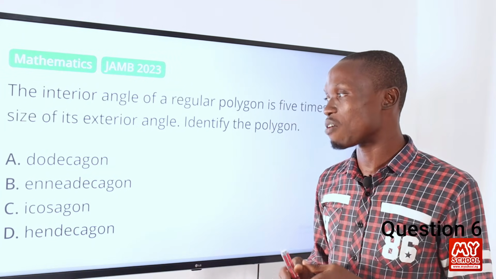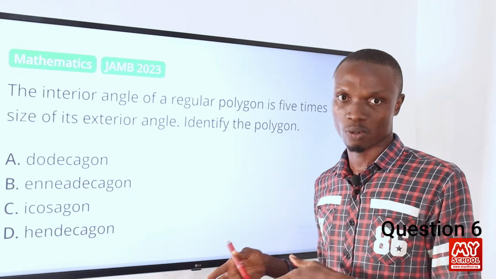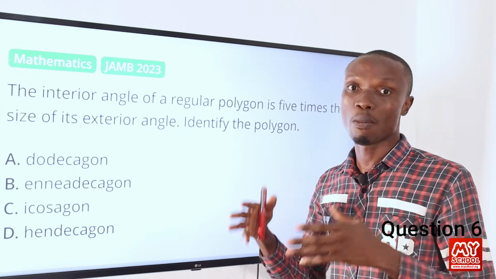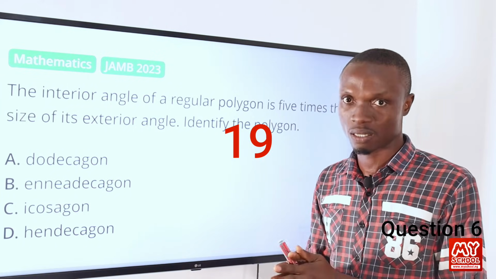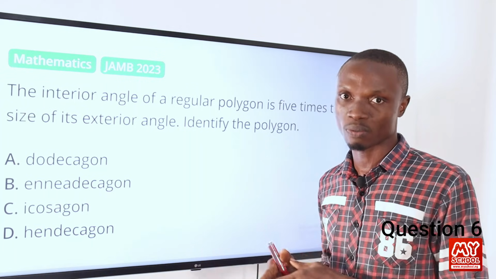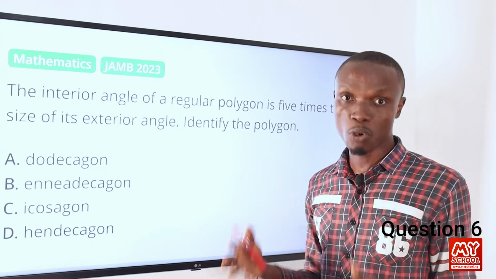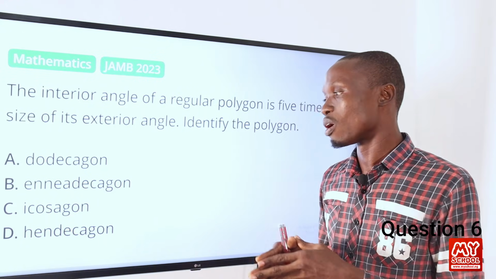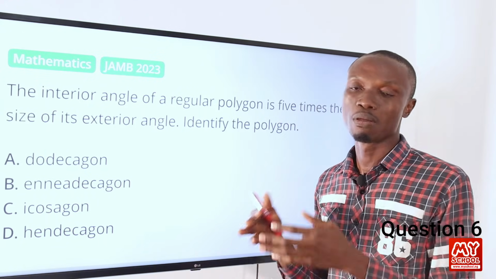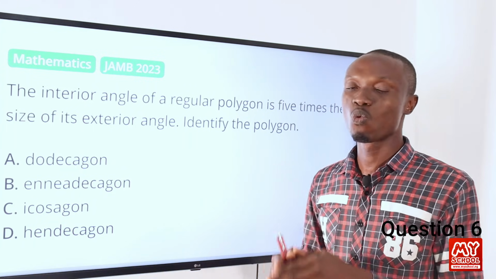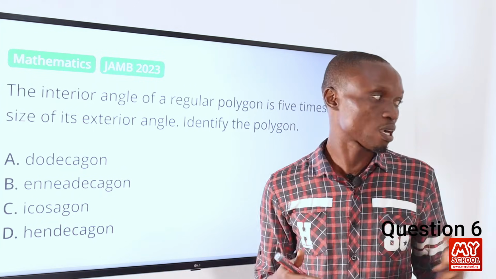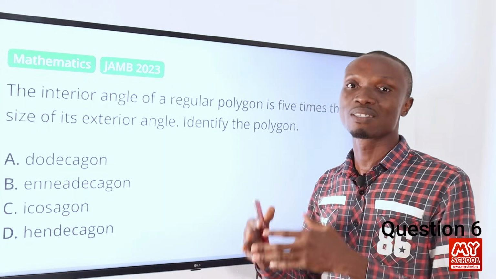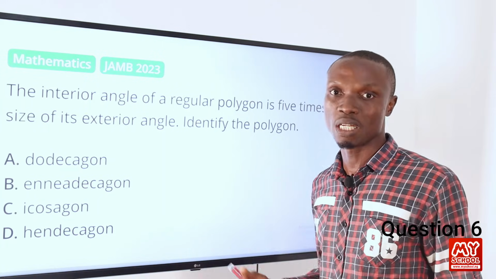And B we have ennedecagon, which means a polygon with 19 sides. While icosagon simply means a polygon with 20 sides. And the last one, D, hendecagon, simply means a polygon with 11 sides. So from our calculation, our answer is A, dodecagon, meaning 12 sides.